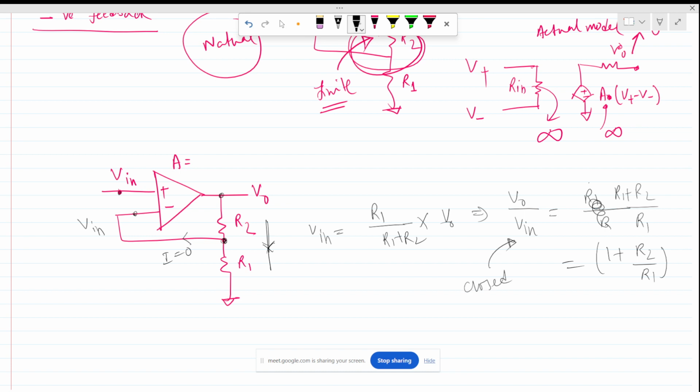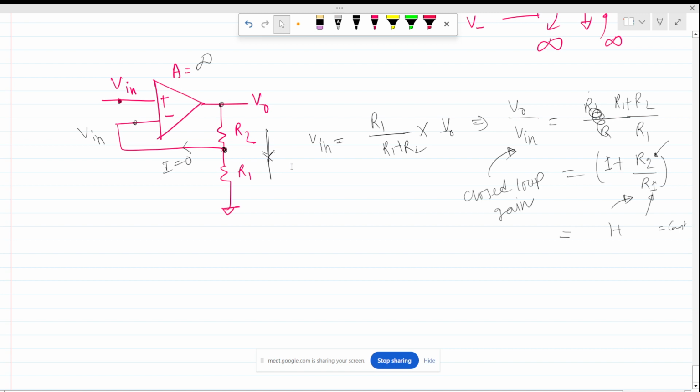If the open loop gain is almost infinite, the gain is nothing but 1 plus R2 by R1, and this is controllable to us. Even if R2 and R1 vary with temperature and process and so on, the gain remains almost fixed, because this is a ratio, so 1 plus some ratio remains a constant. So this is the closed loop behavior.